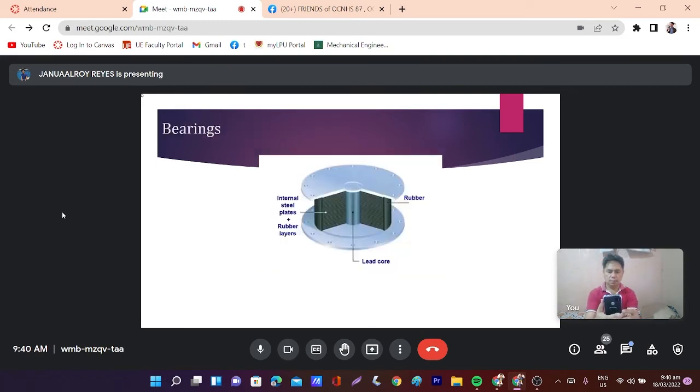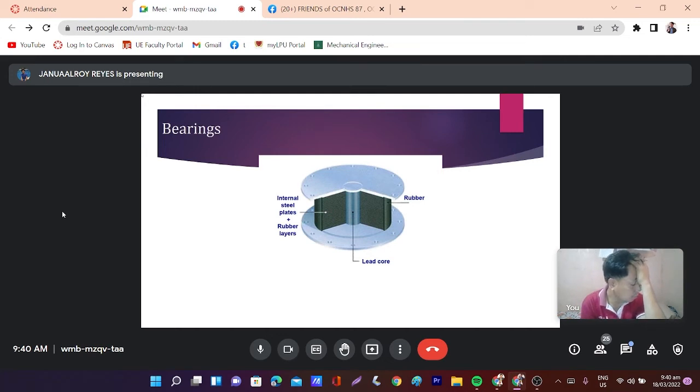Next. Bearing. A rubber bearing is defined as a device which permits constrained relative motion between two parts. The purpose of a bearing is to reduce friction and wear between rotating parts which come in contact with one another in any kind of mechanism.